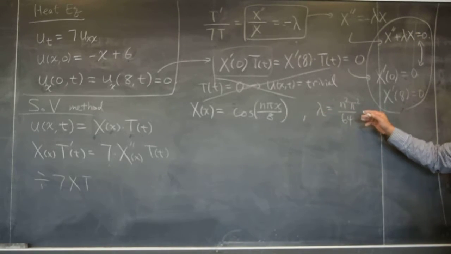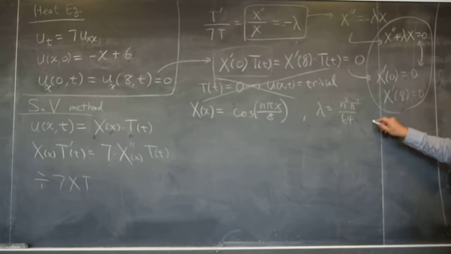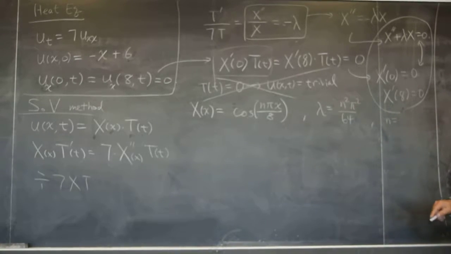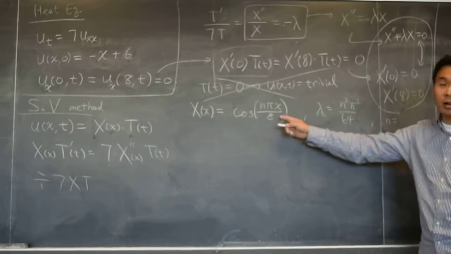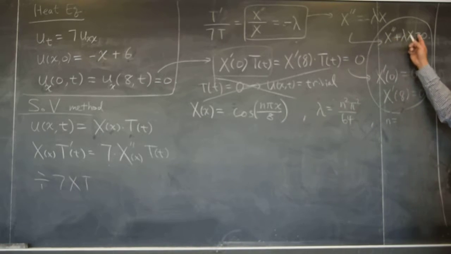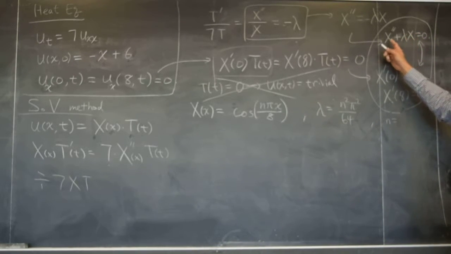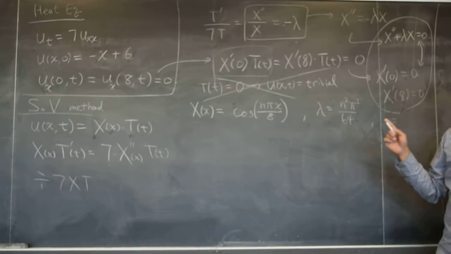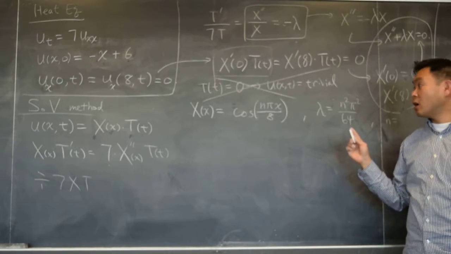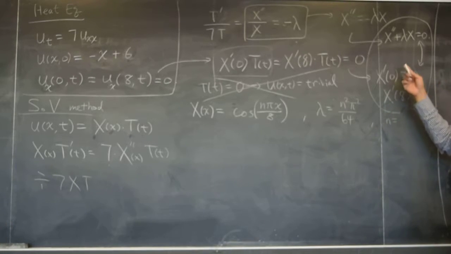Okay. Here, n should be what? Can n be 0? Yes. Yes, because if n is 0, you get a constant, and constant satisfies this. With lambda 0, and this is satisfied, this is satisfied. So n is allowed to be 0. This is different from the case when we had the Dirichlet condition.